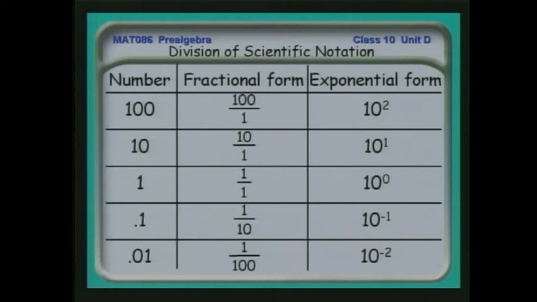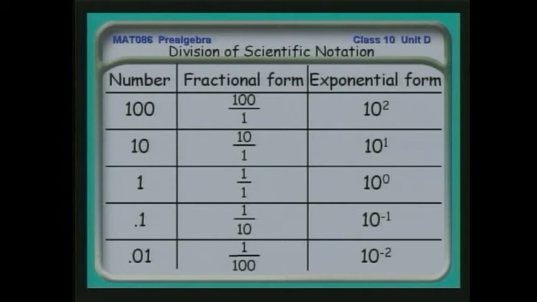We can represent 0.1 as 10 to the minus 1, or 1 over 10. Notice that 1 over 10 to the first power is 10 to the minus first power. 0.01 is 1 over 10 squared. That's represented as 10 to the minus 2. And we can continue this sequence.